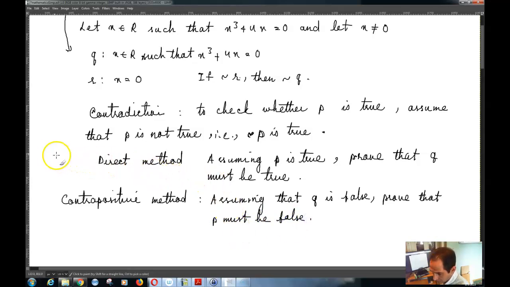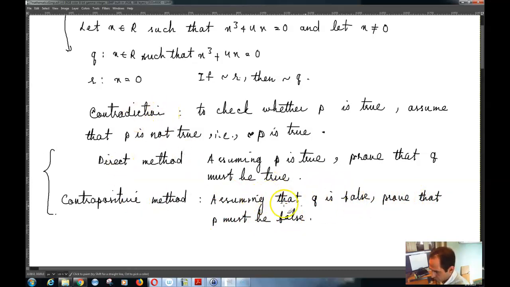That is basically to prove that P is true, right? Now, if you want to show that P is not true, that is, not P is true, you can use the contrapositive method and assume that Q is false, and then if you somehow get to the result that P is also false, then that means that P is true.